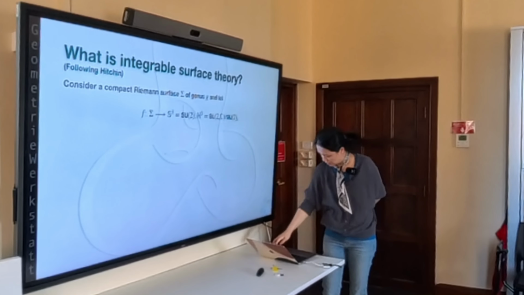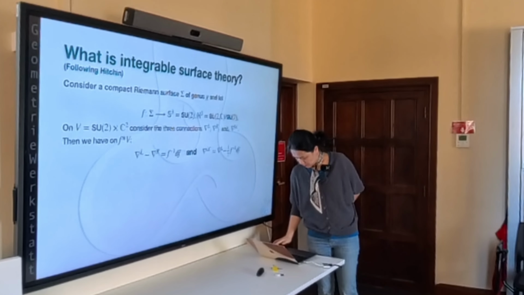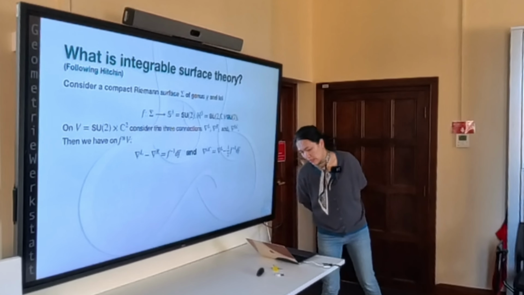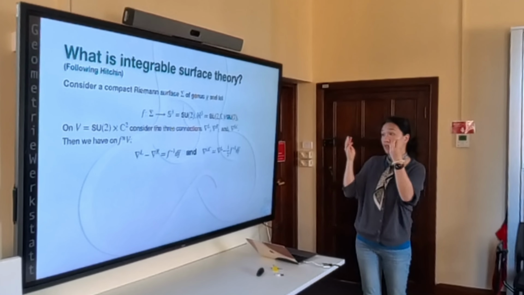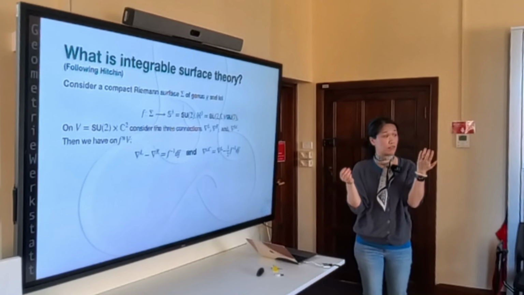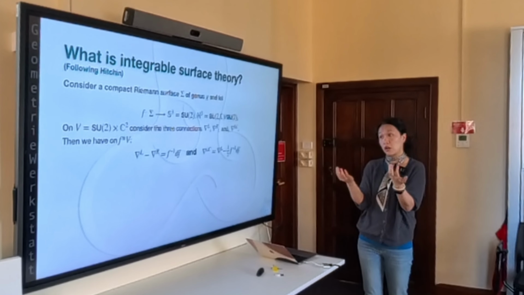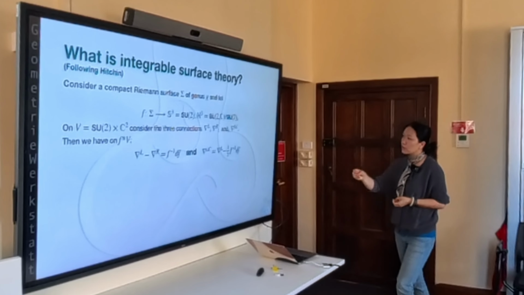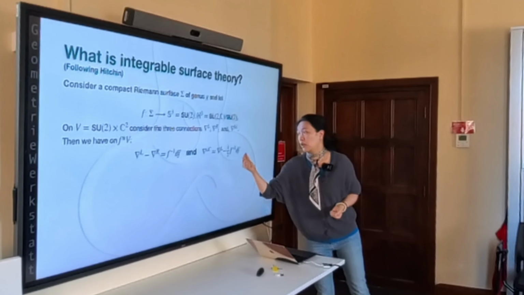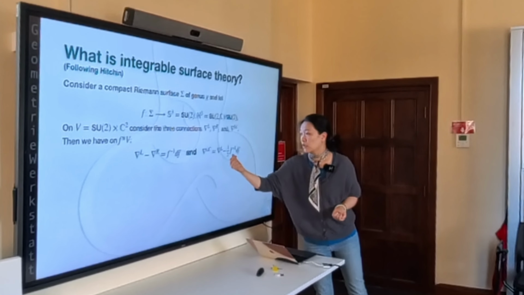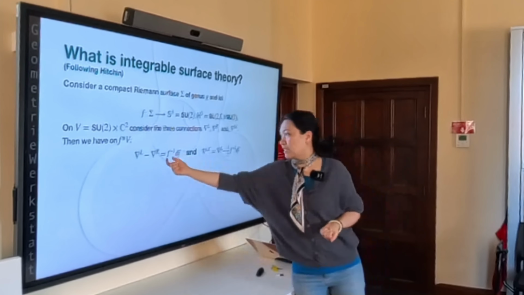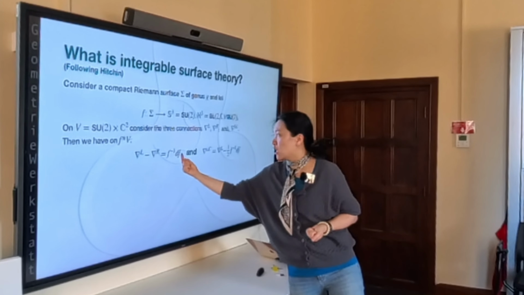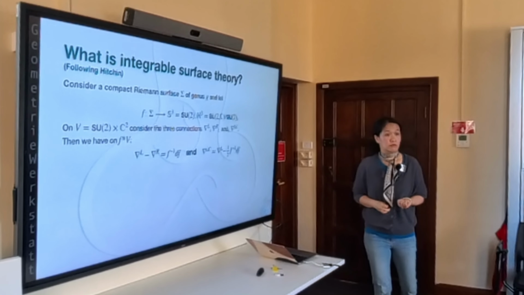That's why I have it here. And then on my SU(2) × C² bundle, I basically have three different connections: the left invariant one, the right invariant one, which come with the Lie group, and the Levi-Civita connection coming from my immersion. The punchline is that the gauge between L and R is my immersion.